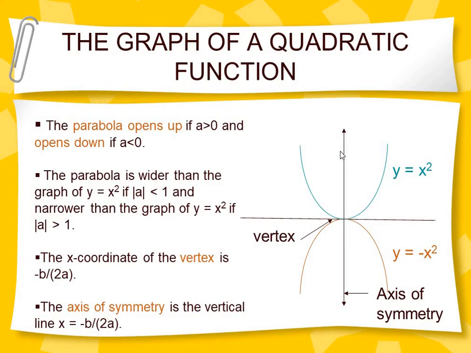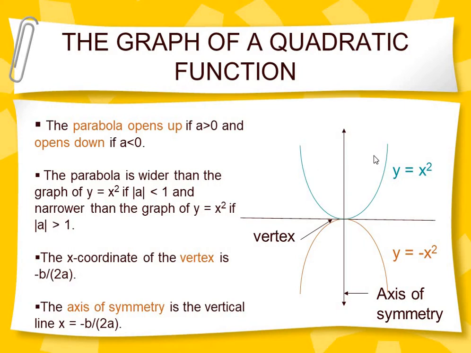The axis of symmetry is an imaginary line, as you can see here, which divides the parabola, or the quadratic function, into two identical shapes. It means that if you put a mirror on the axis of symmetry, you will see the same shape, the same curve.